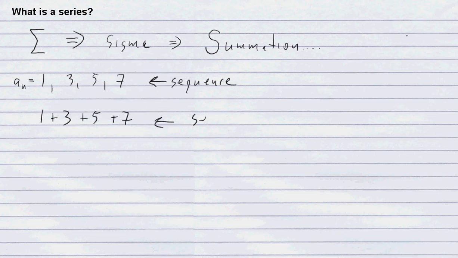That is a series. So if you take the terms of a sequence and add them together, that's the series. Roughly speaking, a series is the terms of a sequence, however many you want, added together.